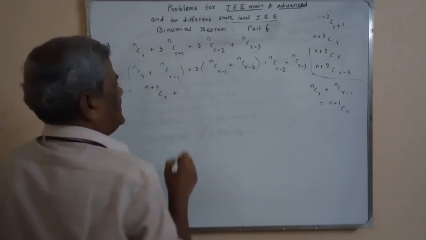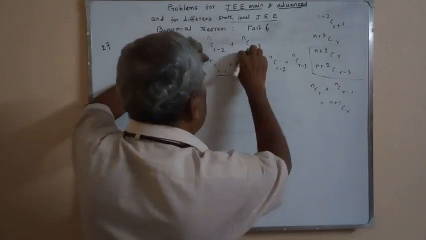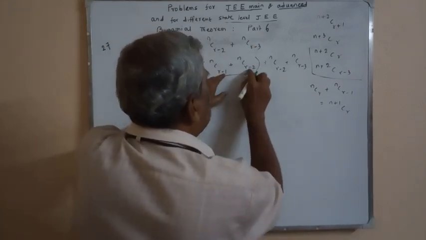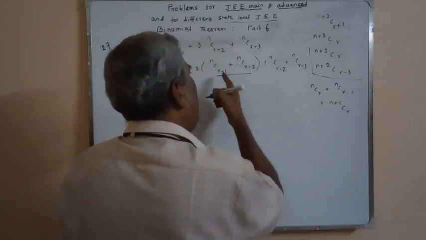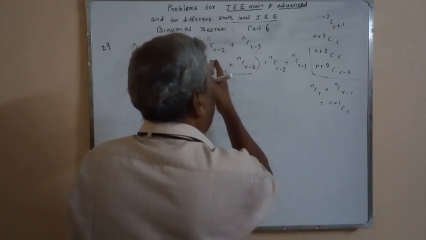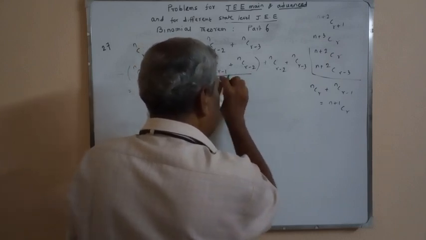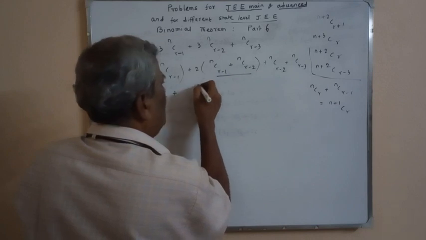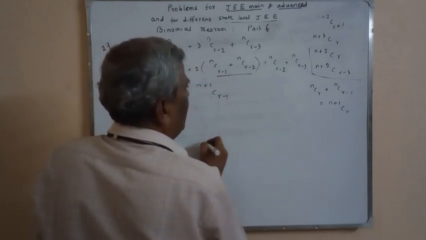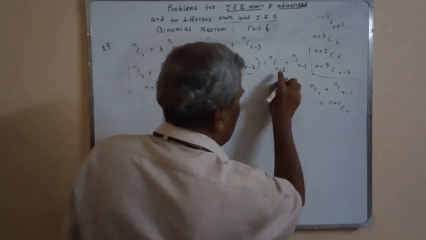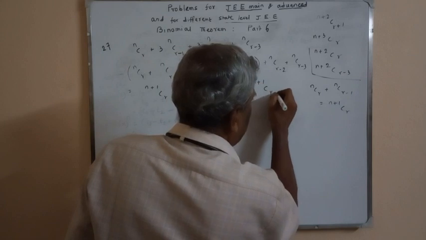Now considering this plus that, it is equal to (n plus 1)Cr plus. Considering this, these two are the same, and these two are consecutive, and their sum will be (n plus 1) higher between this and that, so it is 2 into (n plus 1)C(r minus 1) plus the sum of these two, (n plus 1)C(r minus 2).